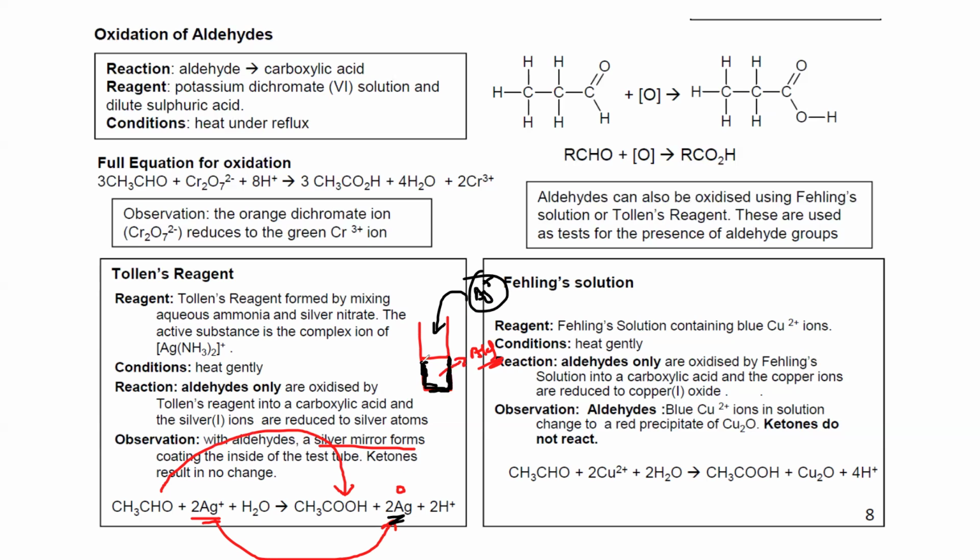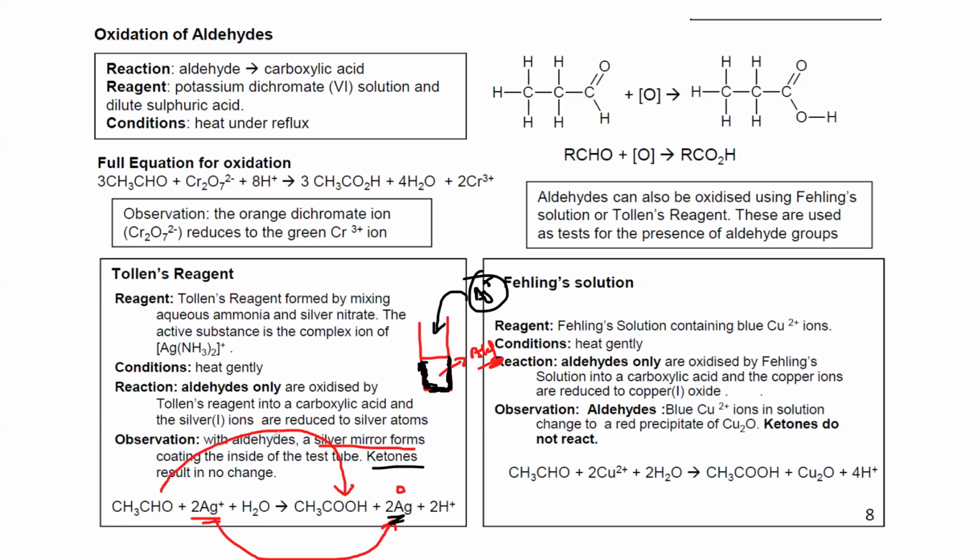It will be deposited at the bottom as well as on the walls. We'll have silver metal, so it looks like a layer of silver. That's why it's also known as the silver mirror test.